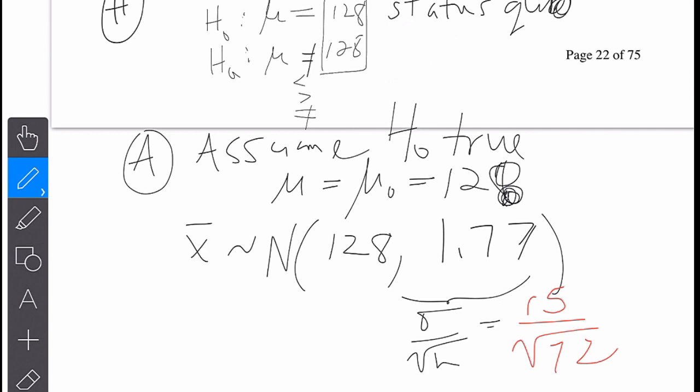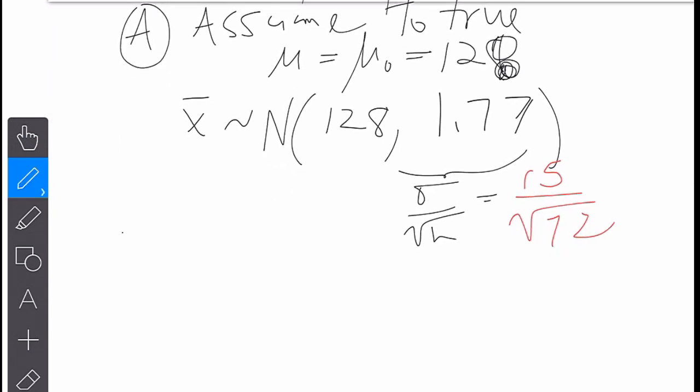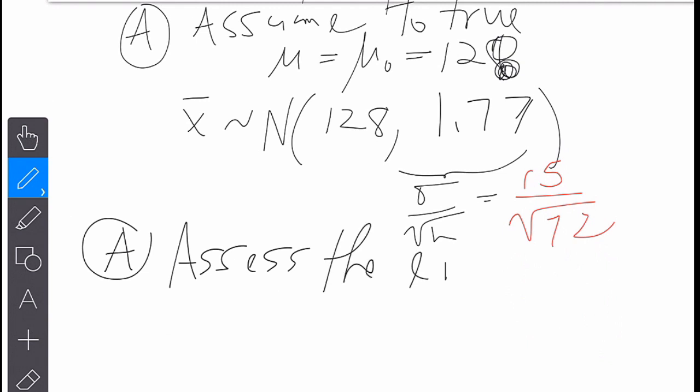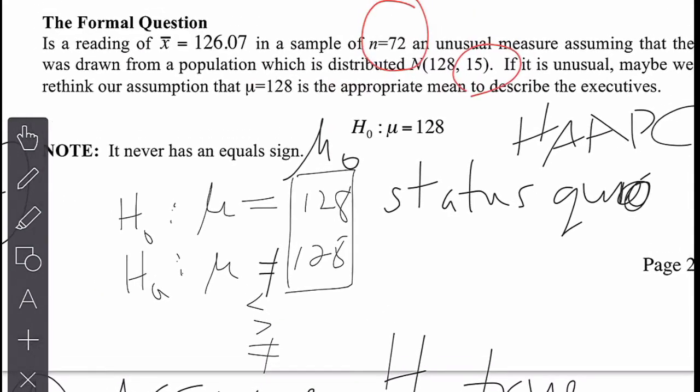Step 3, what do I do with this? I assess the evidence. The evidence was that in the sample that was taken, the sample mean from the sample was 126.07.